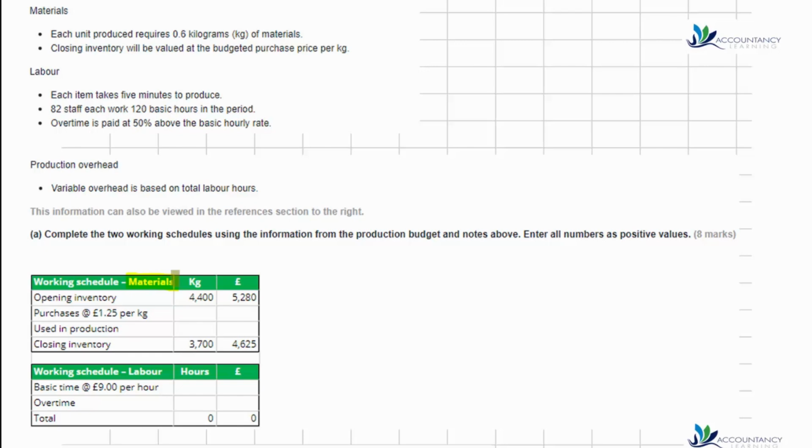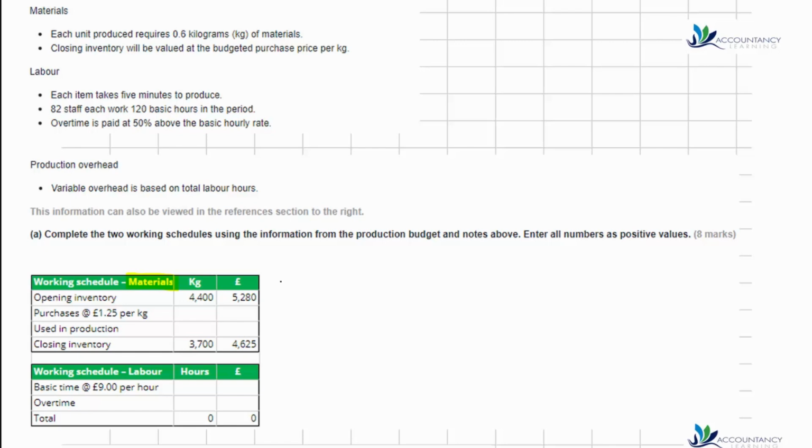So we've got our opening inventory, and we see we have 4,400 kilograms with a cost, and we've also got our closing inventory as well, which is 3,700 kilograms, and we have a cost there as well. Now we need to recognize that for our inventory, it has different values.